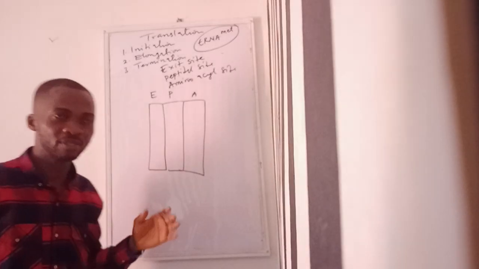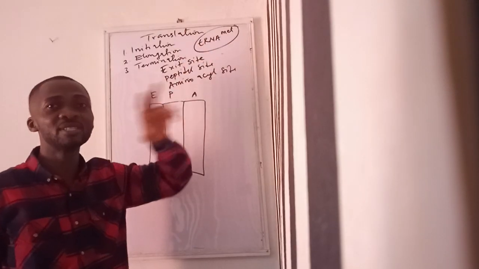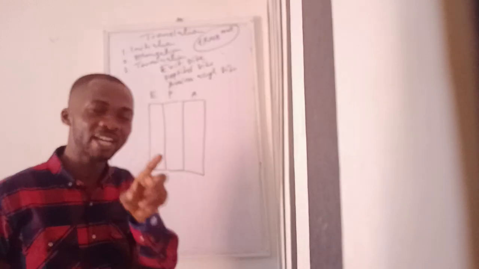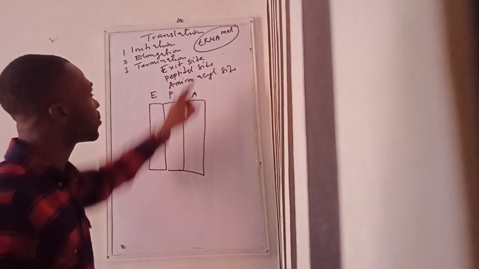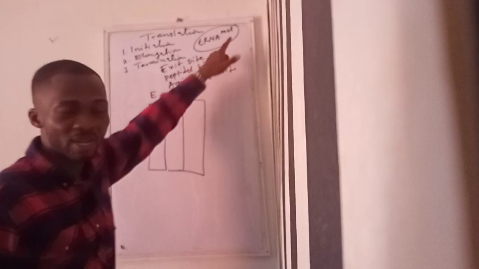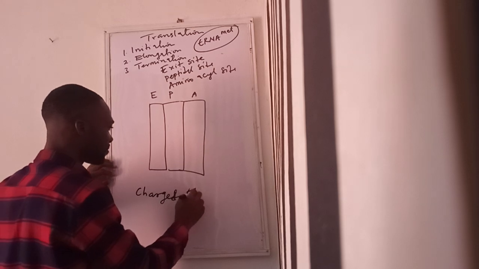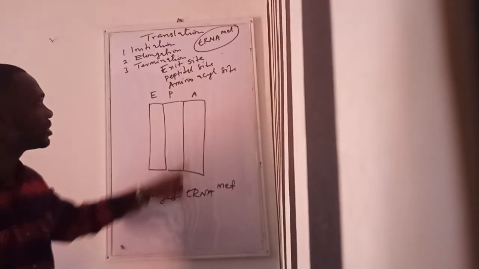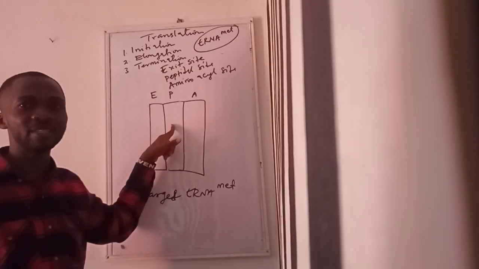And they have explained that the transfer RNA met is charged. Remember, any transfer RNA carrying amino acid is said to be charged. So the one carrying methionine is called charged transfer RNA met. And it is only this one that has a right to go directly through the P site.